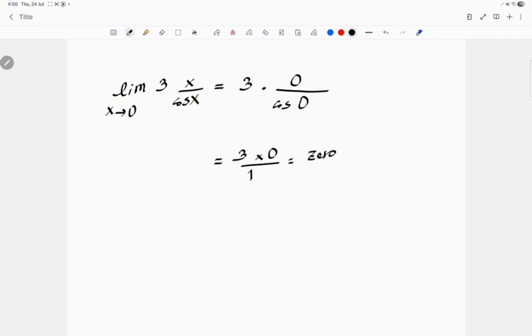Okay. Let's now do a rational function. Limit of x approaching 0 of 1 over x squared. If you were to replace that x with a 0, what do you think you will get? 1 over 0 is infinity.